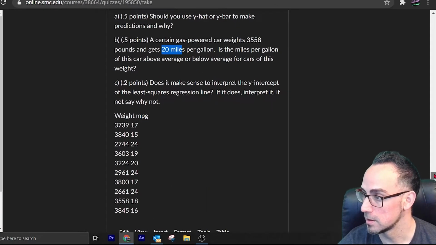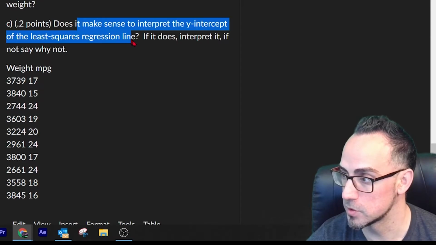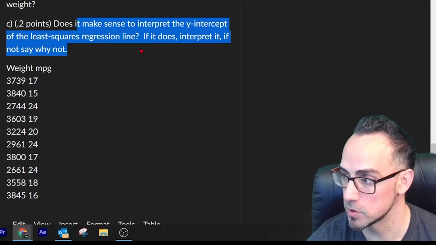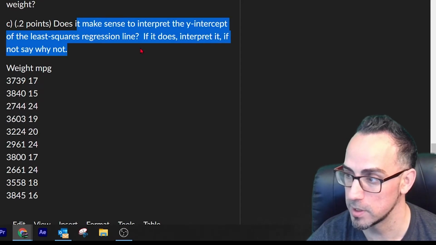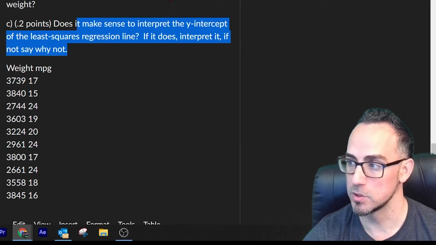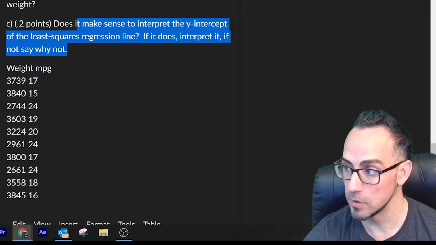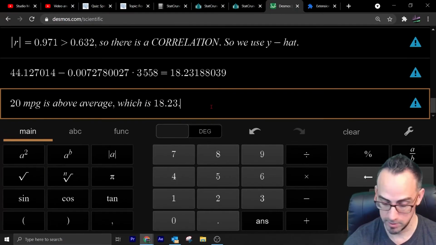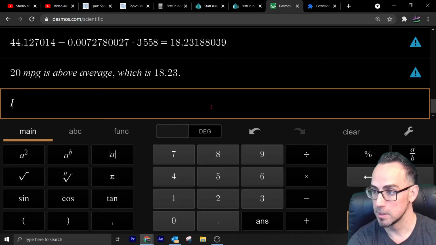Next question. Part C. Does it make sense to interpret the y-intercept of the least squares regression line? If it does, interpret it. If not, say why not. It does not make sense because you can't have a car that weighs 0 miles per gallon. Make sure you write this stuff down. You always have to write down your answers.